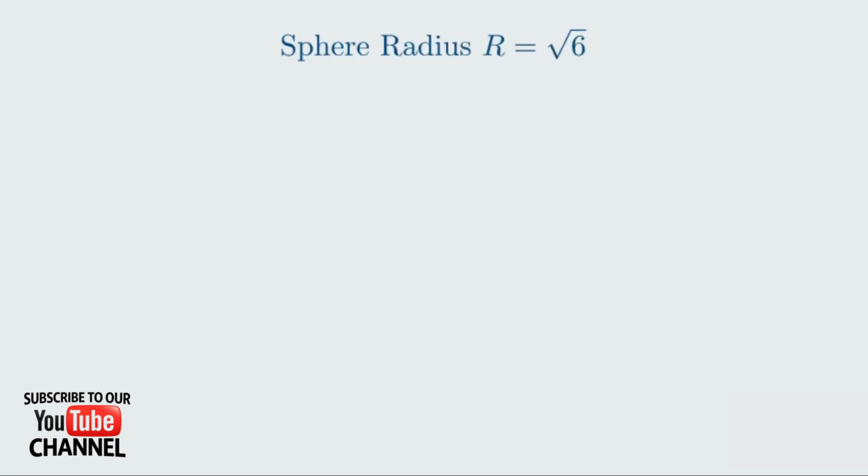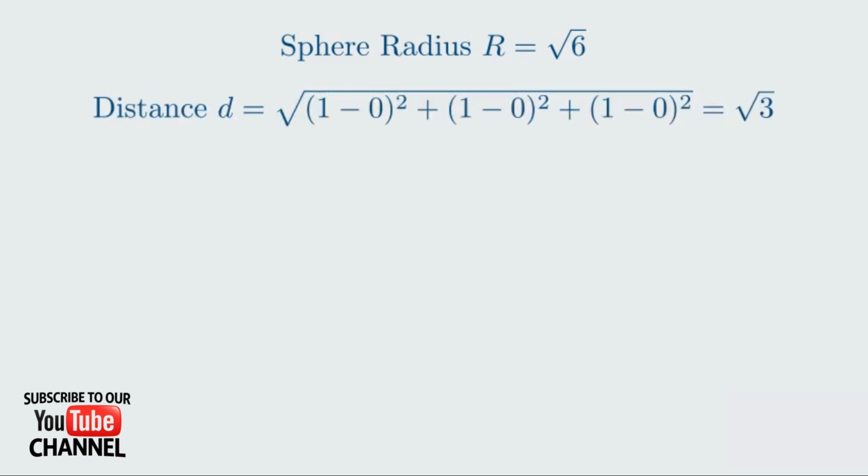The radius of the sphere, capital R, is the square root of 6. One leg of the triangle is the radius of our circle, which we'll call lowercase r. The other leg is the distance, let's call it d, from the center of the sphere to the center of our circle. Using the distance formula, the distance d between the origin and our circle's center, (1, 1, 1), is the square root of 3.